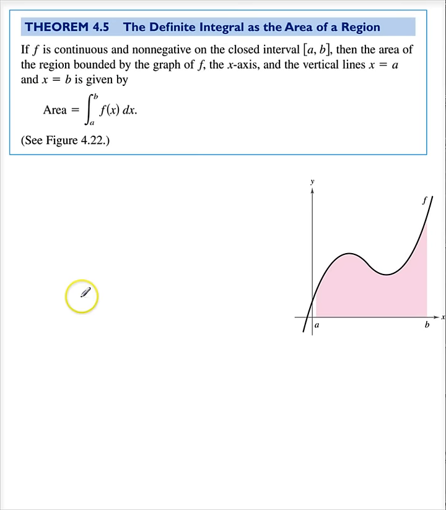So now we can define area: if f is continuous and non-negative on a closed interval, then the area of the region bounded by the graph is given by the integral from a to b of f(x) dx. We have to be careful with the negatives here, and as we just saw, any area beneath the axis is going to give us a negative area.